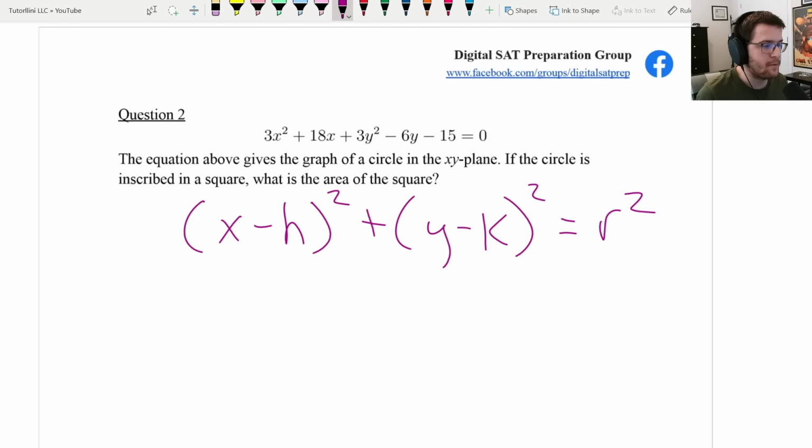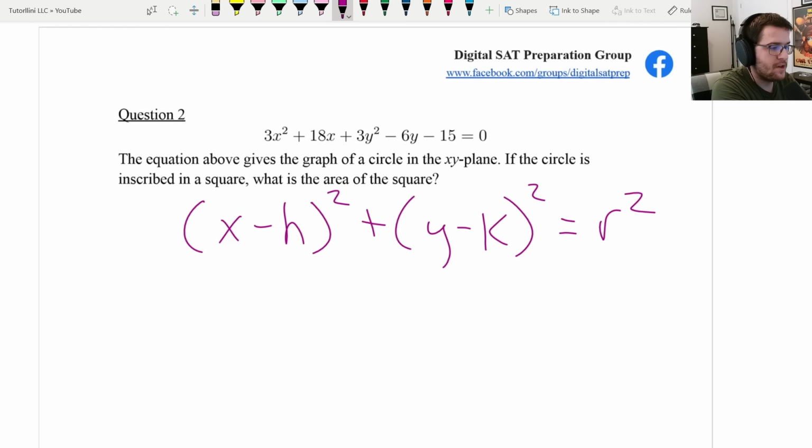Okay, so first thing we're going to do is check to see if the x squared and the y squared have a 1 in front of them. They do not. They have a 3. So completing the square is going to be way more difficult if we don't get rid of that 3. So what we're going to do is divide everything in the equation by 3.